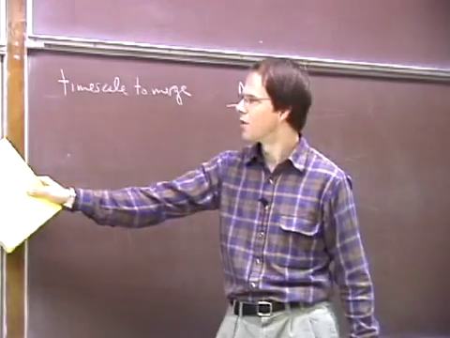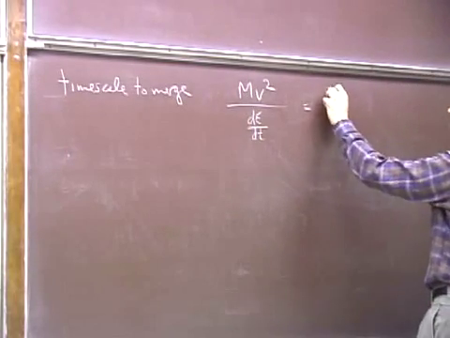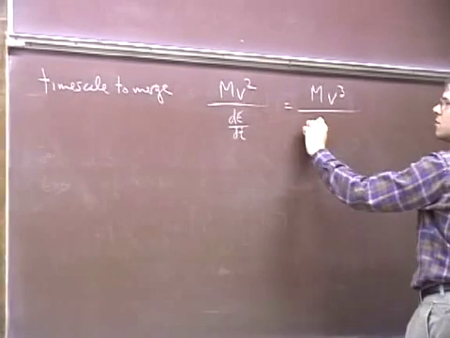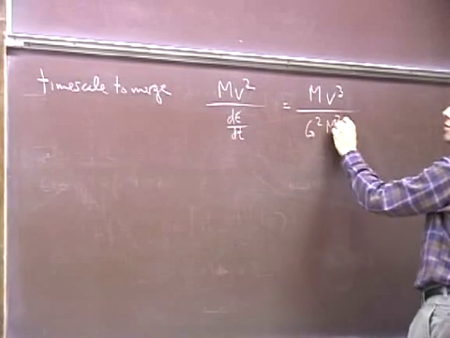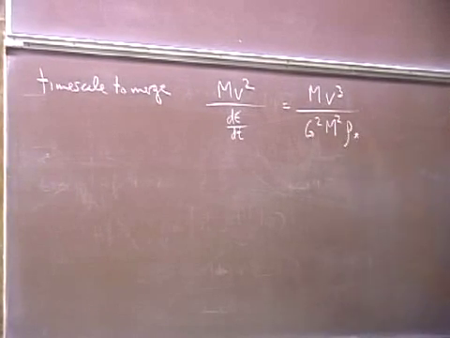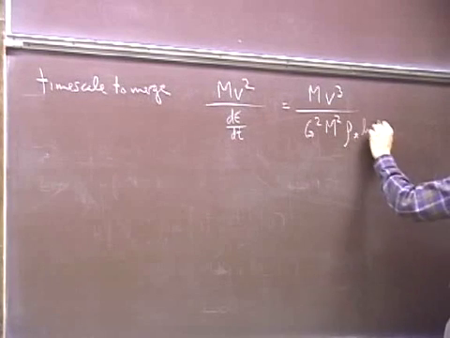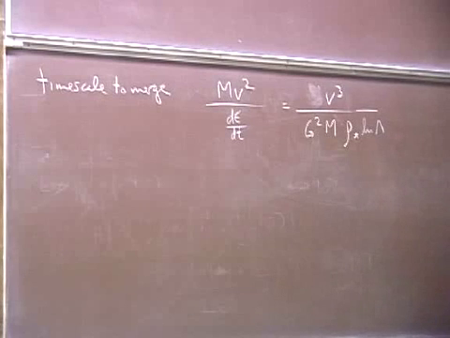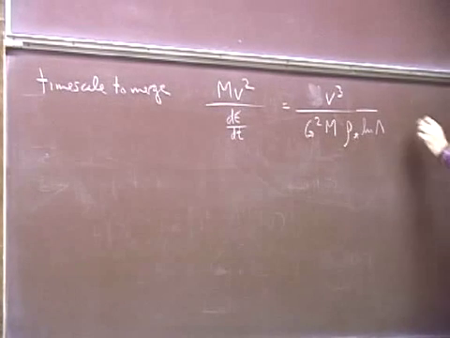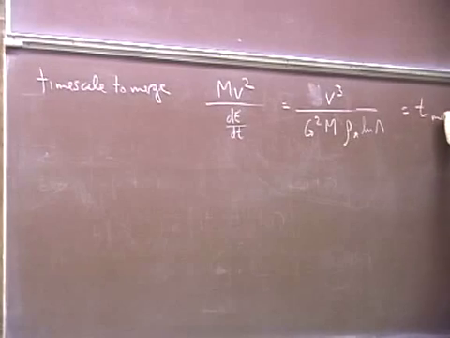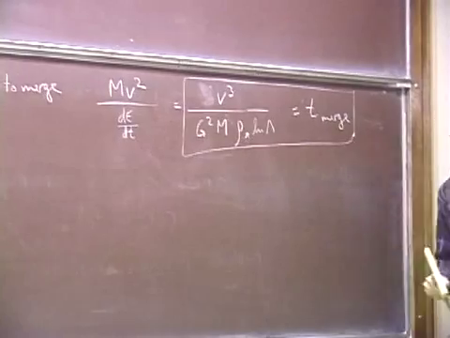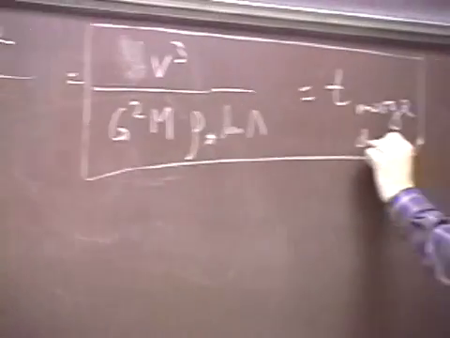So we'll divide by this expression, so we'll get m v cubed divided by G squared m squared rho_star r log Lambda. So one of the m's goes out. And there is our magic expression for the time scale to merge by dynamical friction.